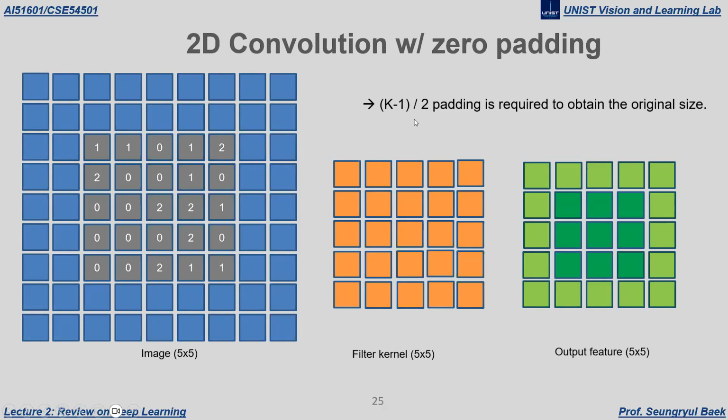When the corner is 5, you need 2 padding to get the original image's dimension. You need 2 zero padding, okay? This amount is needed for the zero padding to secure that your output size is the same as the original input size, okay?